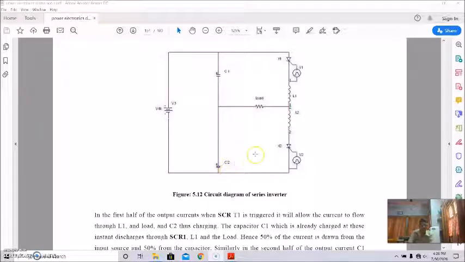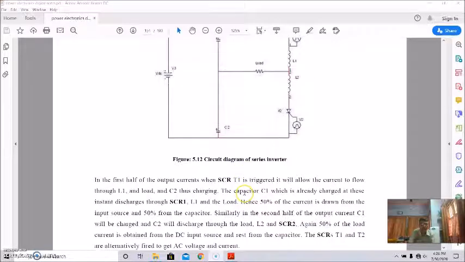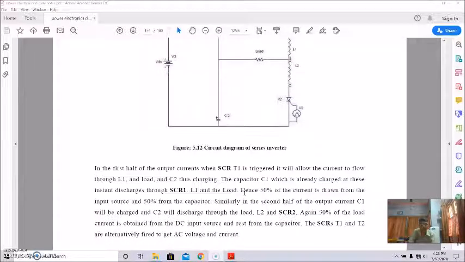So the same sequence of operations is followed. Basically, 50% of the load current will be drawn from the DC input source and the rest from the capacitor C2.